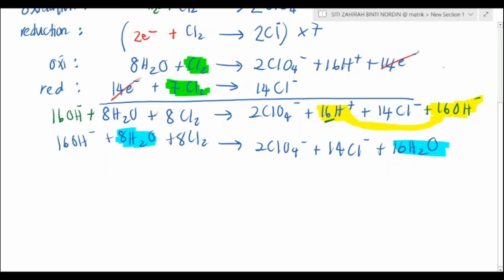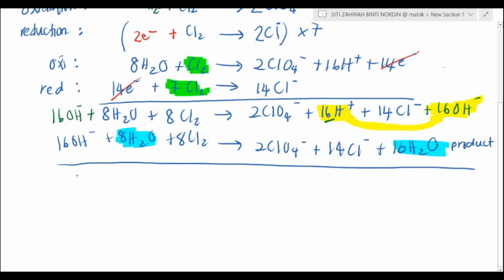Yes, they would be on the product side, since the mole of water in the product is higher. So copy down the rest: 2ClO4 minus plus 14Cl minus plus 8H2O.